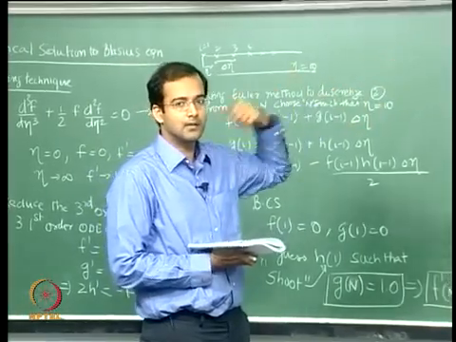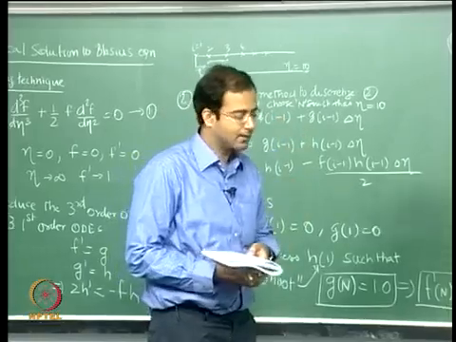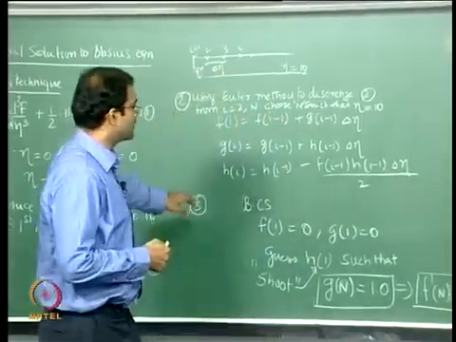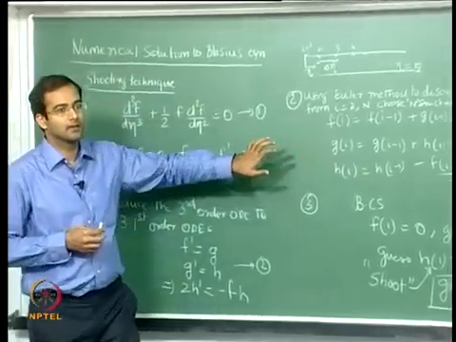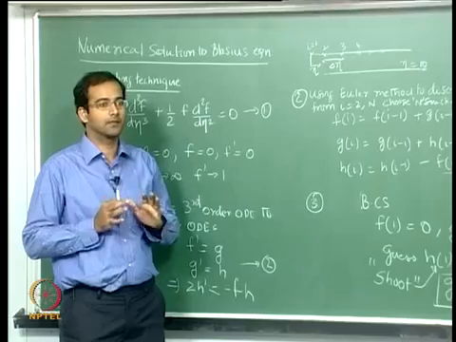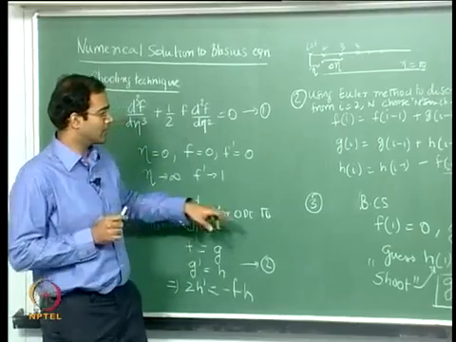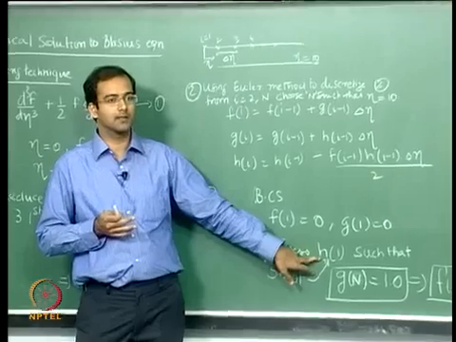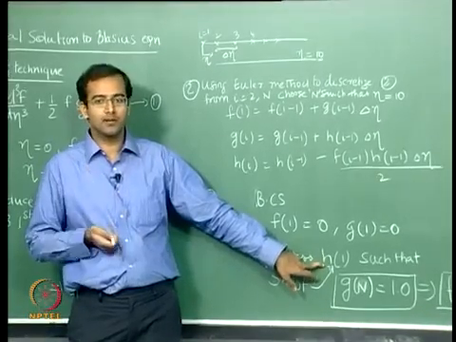In both ways, the way that Blasius tried to do it by power series expansion and the way that we are doing it by the shooting technique, the struggle is to find the curvature. Here also we don't know the value of h at 1, so h is nothing but the curvature basically, and Blasius also didn't know that.